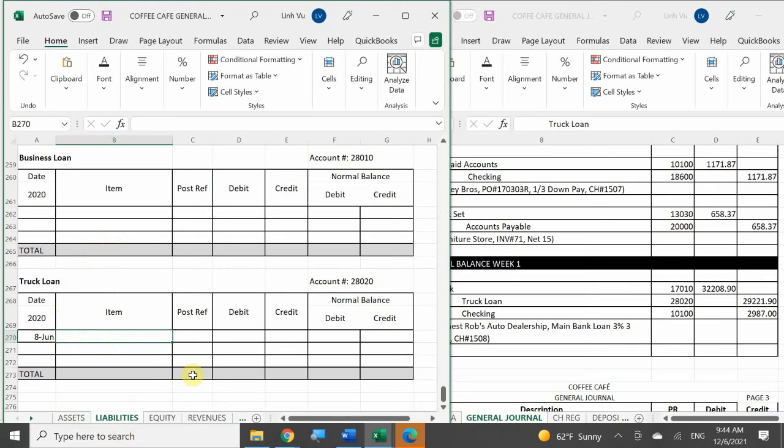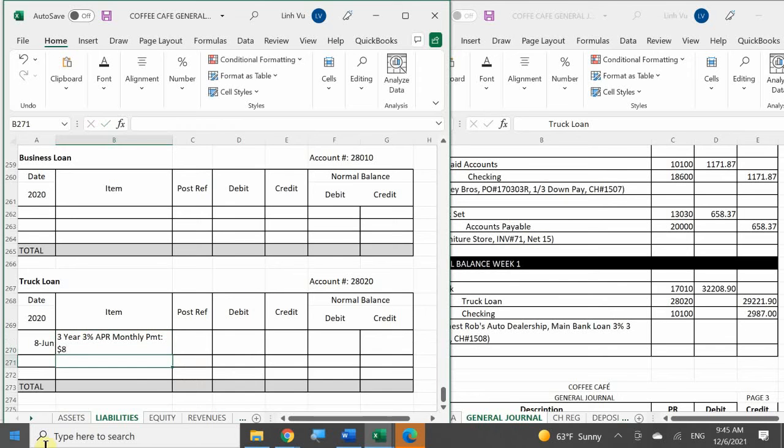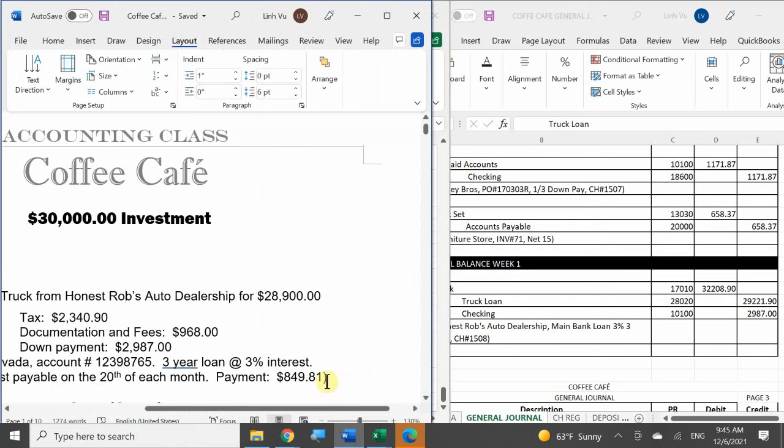Under our liabilities, we got a 3-year, 3% APR loan. And you can even include the monthly payment of $849.81.